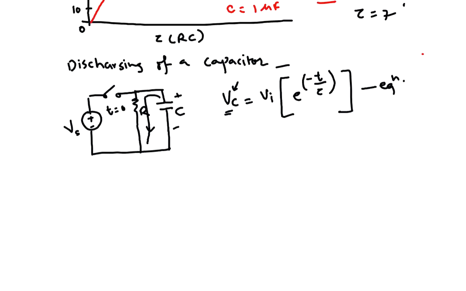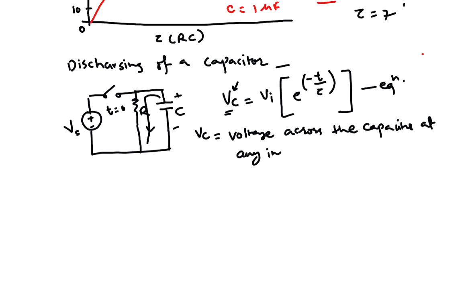So your VC is the voltage across this capacitor at any instant in time t.